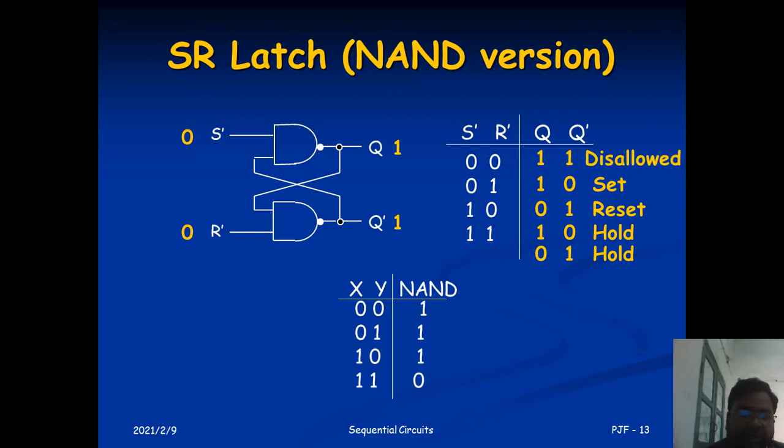This is disallowed. This is disallowed because S bar and R bar both will be 0. This is not possible because Q and Q bar are complements of each other. So it should be either 1 here and 0 here, and if there is 0 then it should be 1. It cannot be possible that both are 1.